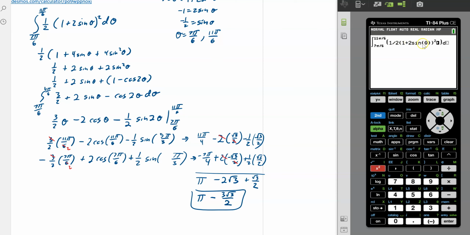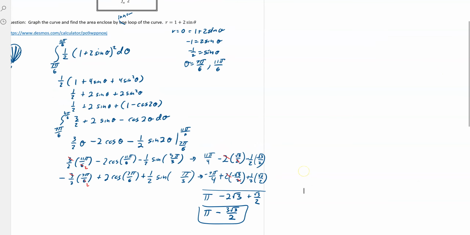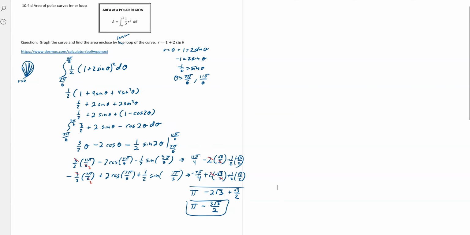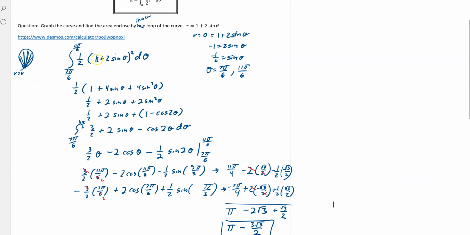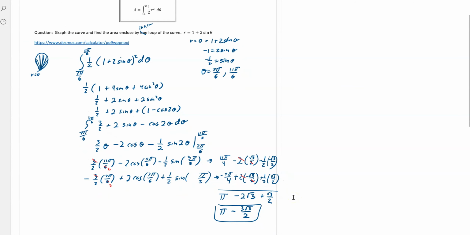So we have 1 parenthesis in parenthesis parenthesis, perfect. D theta, hit enter, and then we go, okay, well that looks good. Let's find out. Second pi minus 3, second square root of 3 divided by 2. Cross your fingers. It's good. Yeah. So there we go. So approximates are nicer because you just plug this in your calculator, but you can see with the exact, we're doing the same thing over and over and over again, which is kind of a nice little twist, right?